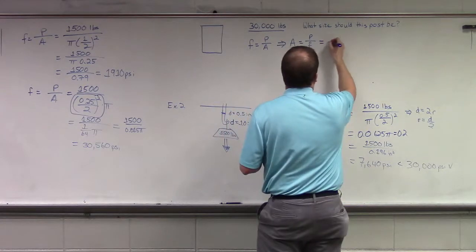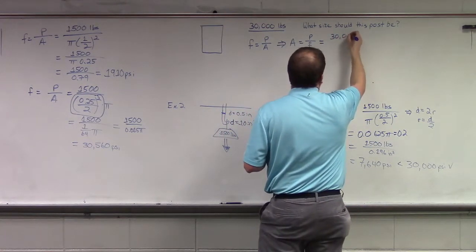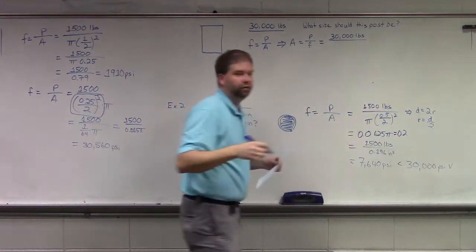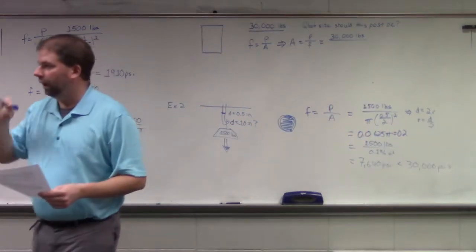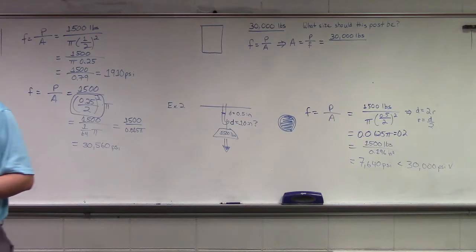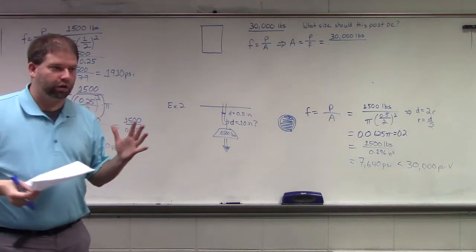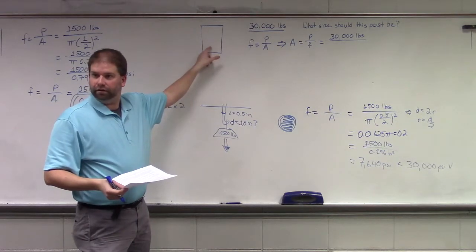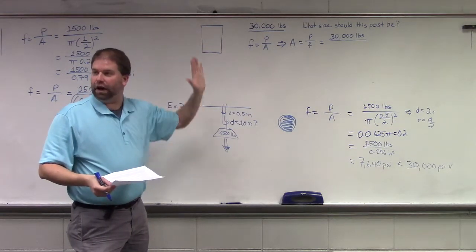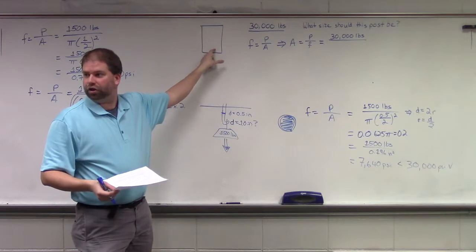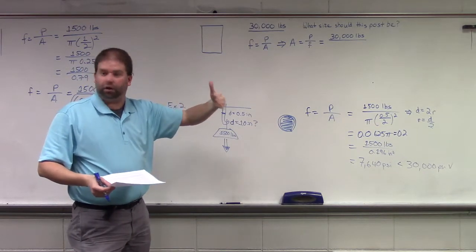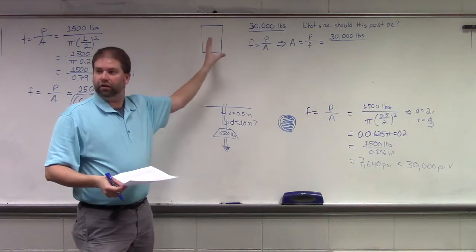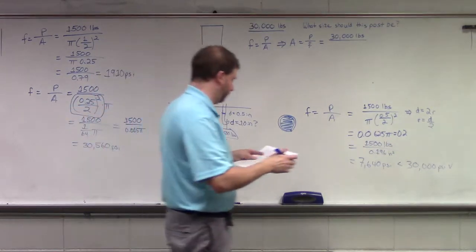So we know that we need to have 30,000 pounds. Okay, if you turn to the table on page 49, it tells you that for a structural wood member in compression, parallel to the grain, which is what we'll have, we need to make sure that we dictate to our manufacturer that these posts are manufactured so that this cross-sectional area is parallel to the grain.